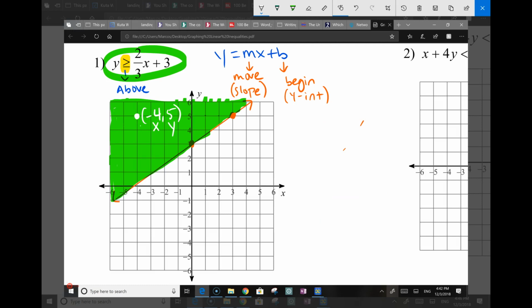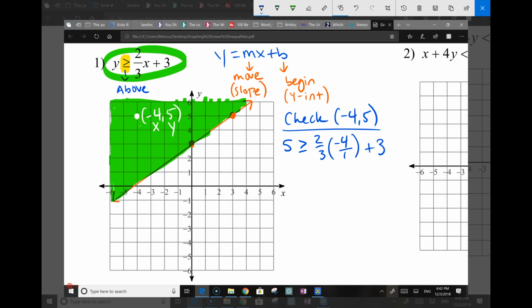And I can prove that to you so you don't think that I'm just making this up. So let's go ahead and do the answer check for this graph, which is always a good idea anyway. So we're going to check a representative point, which is -4, 5. Okay, it's like your ambassador for this graph. And we're going to substitute the negative 4 and 5, and it becomes 5 greater or equal to 2 over 3 times negative 4 over 1 if you wish, and then plus 3.